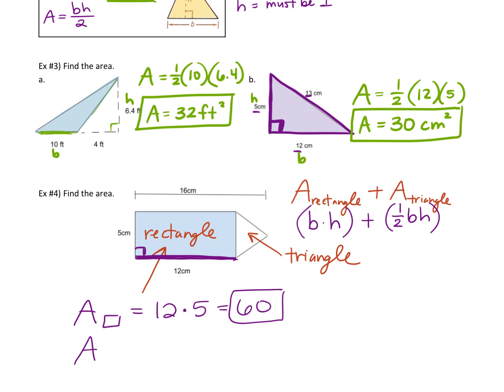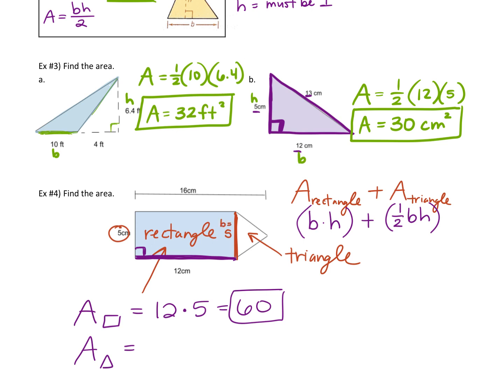Then we find the area of the triangle. This one requires a little extra thought. Do you know the side of your triangle at all? Yeah, 5. The only one we know is this one right here. So that is 5 because this is 5. That's going to be your base.